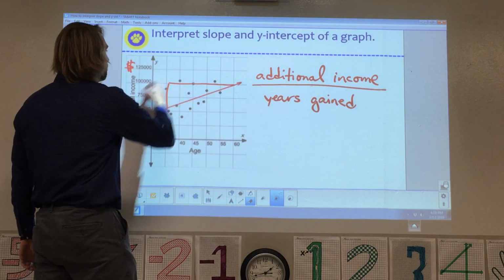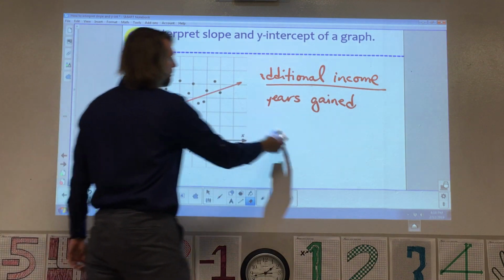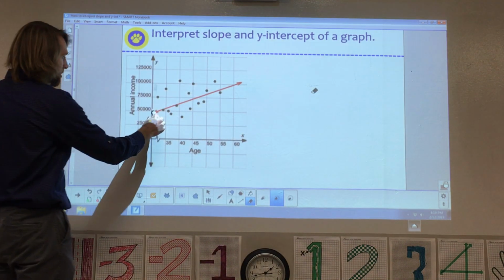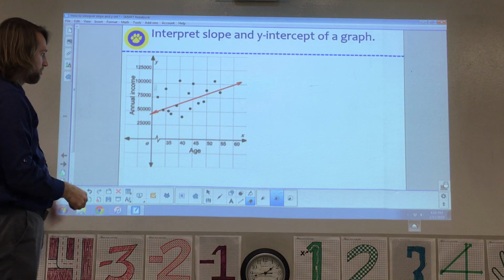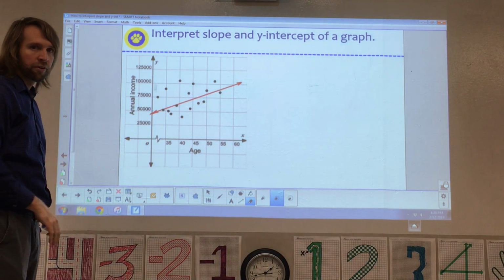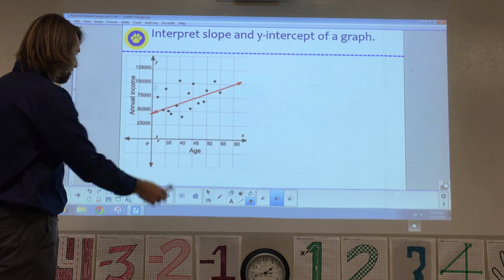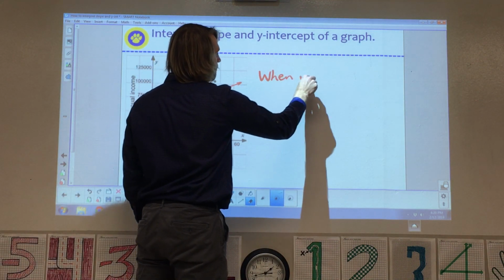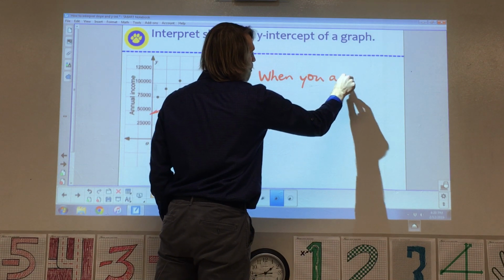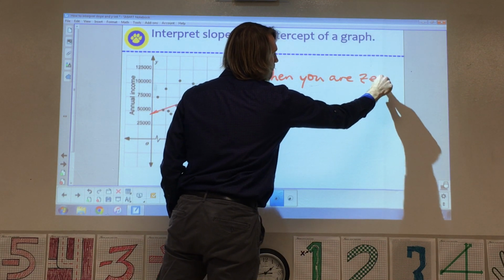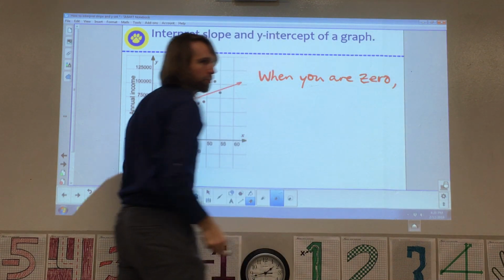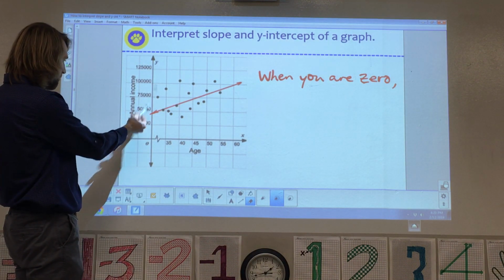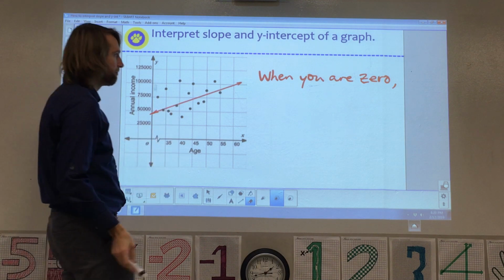Here's the last one. We already did slope. And I'll figure out my y-intercept. The y-intercept, somewhere over here, without explaining too many numbers, is when you have an age of 0, so when you are 0 for your x, when you are born. It's hard to be 0 years old. When you are 0, your annual income would be that amount.